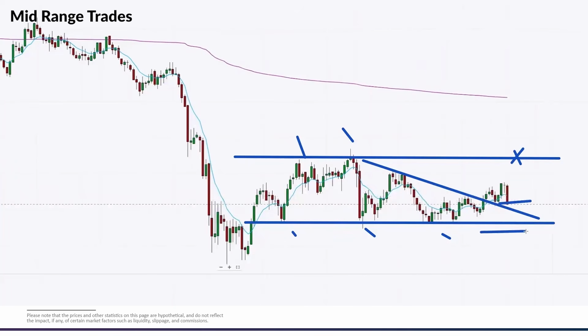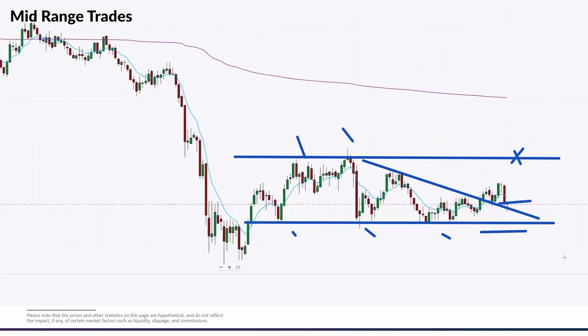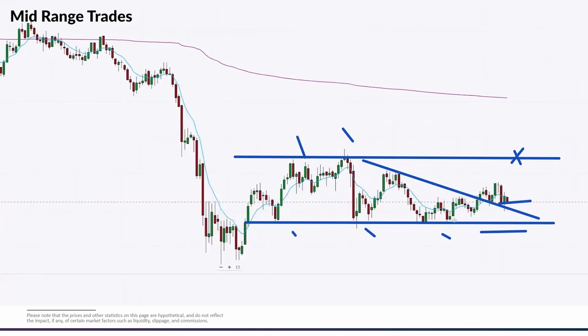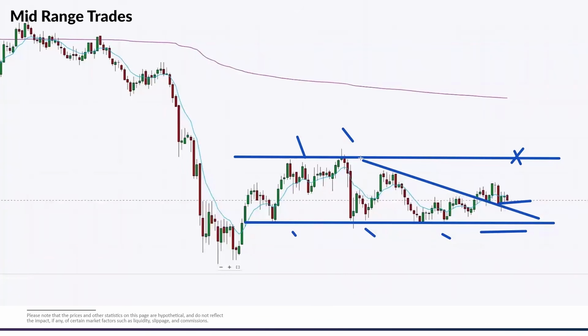Your stop would go below the low of the triangle, and you would be targeting price action coming right up here. The challenge with this trade, and it is a tricky one, is that it's in the middle of congestion. It's in the middle of all of this range. We call this stuck in range or midpoint. This is basically midpoint. So could it work? Yeah, but is it a high probability trade?